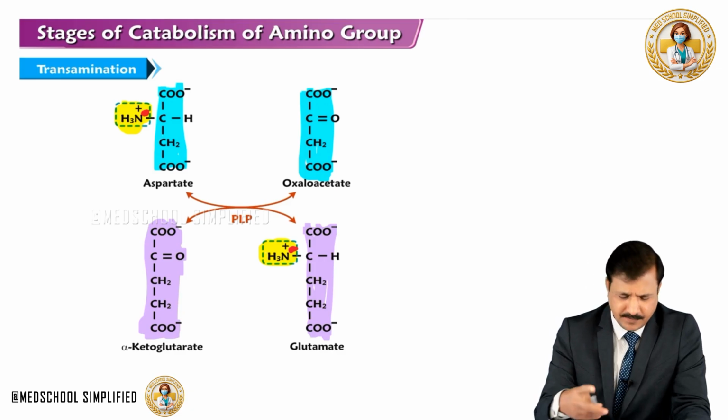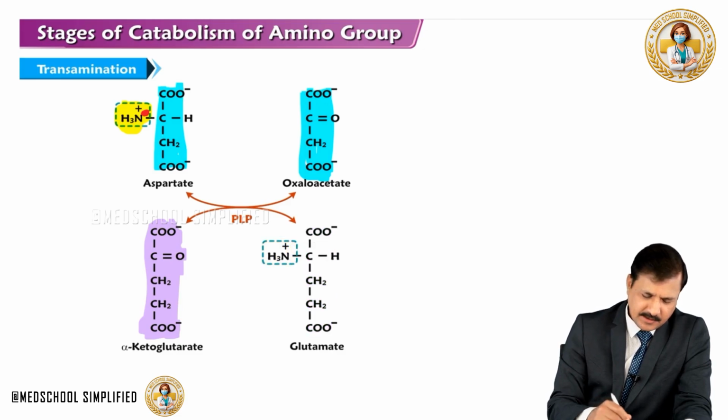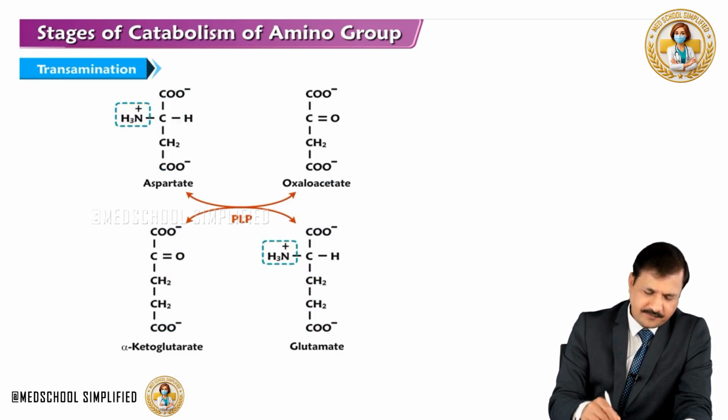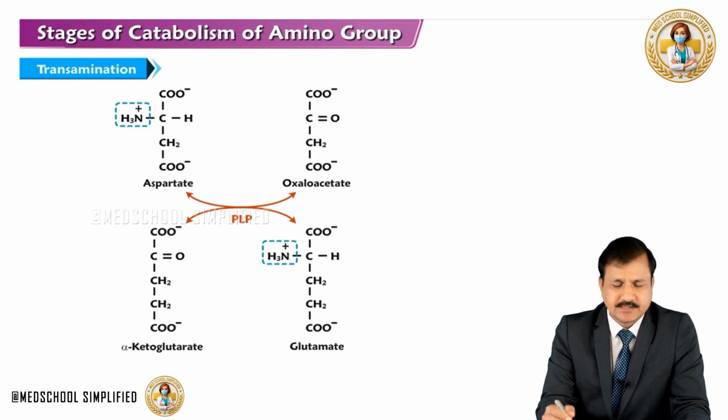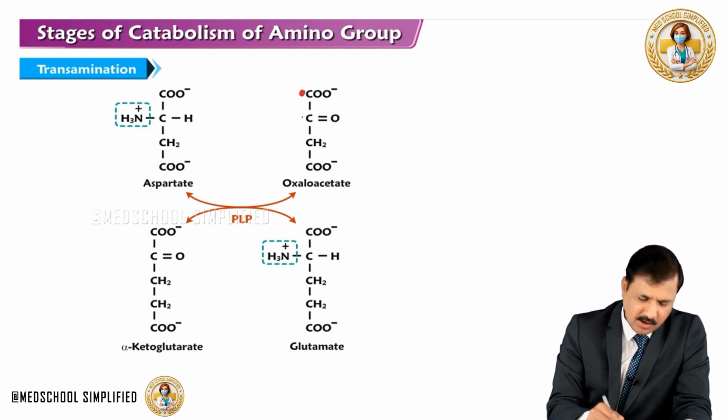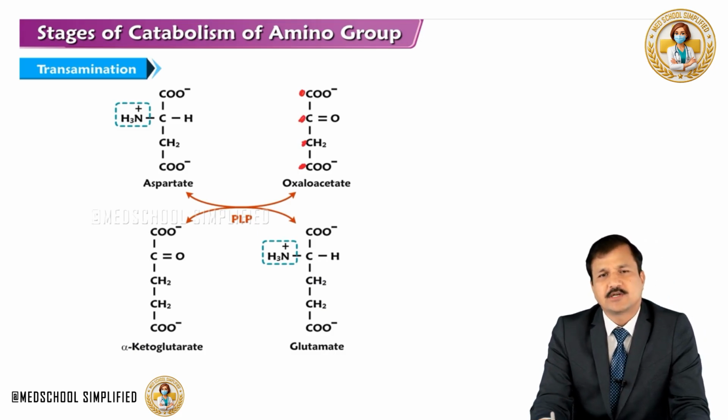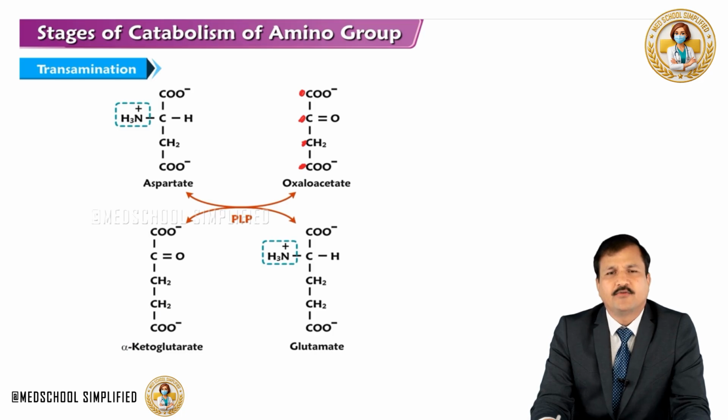The other way, let's radio label carbons of oxaloacetate. I'm going to radio label all the carbons present in oxaloacetate. And my question is, at the end of the transamination reaction, where do you find the radio labeled carbons of oxaloacetate?